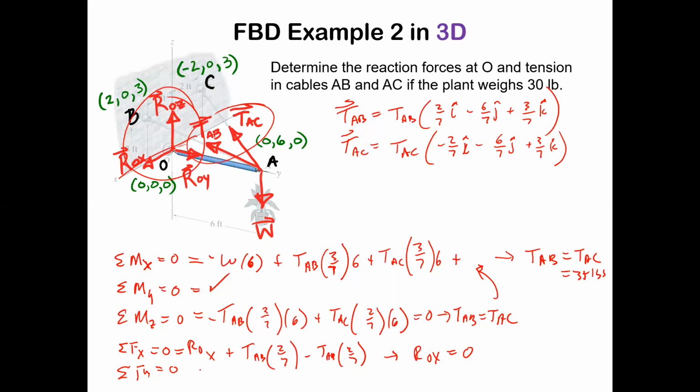So that's going to equal minus 6/7 TAB, minus 6/7 TAC, and then plus ROY. And solving all that would tell you that ROY equals 60.